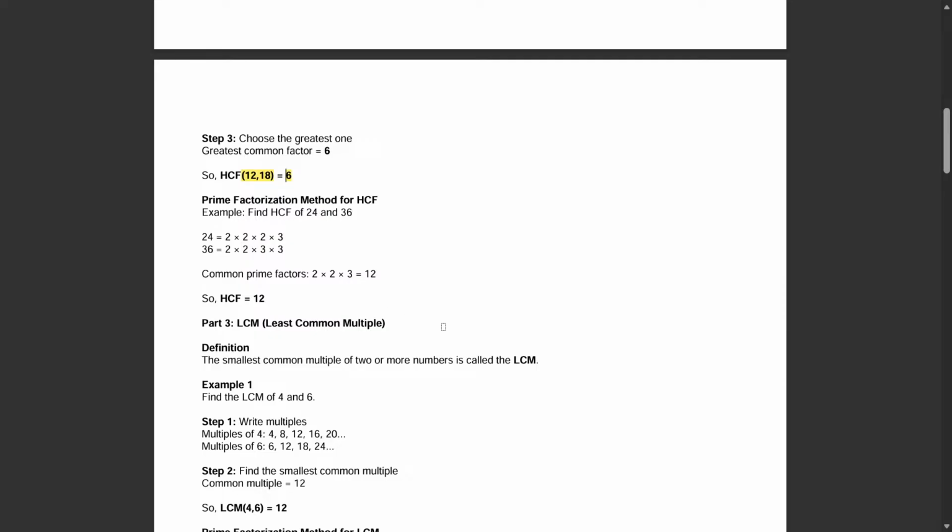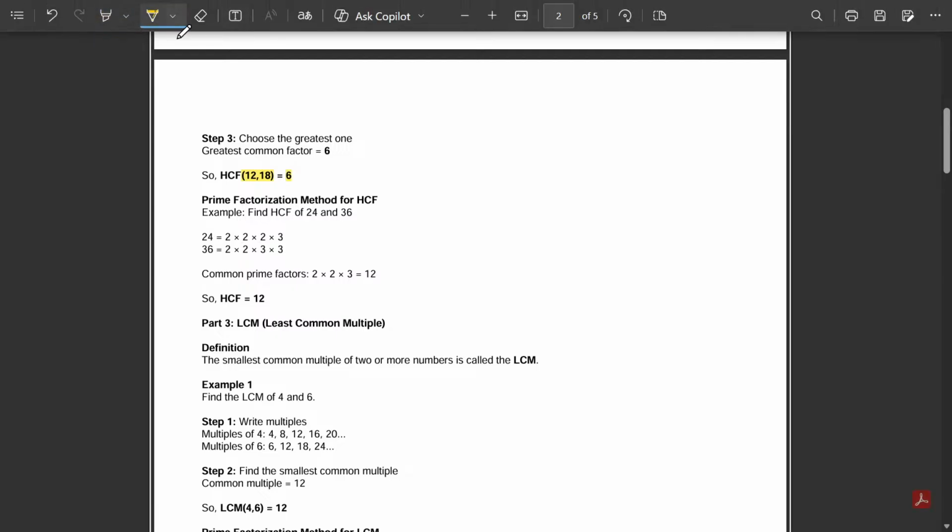Prime factorization method for HCF. Let's see an example. Find HCF of 24 and 36.